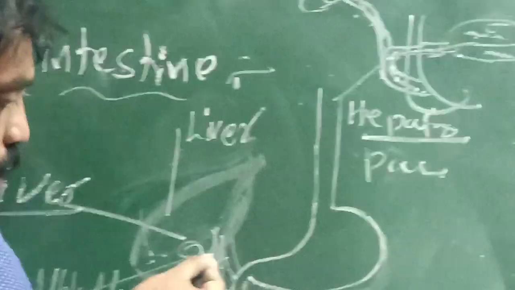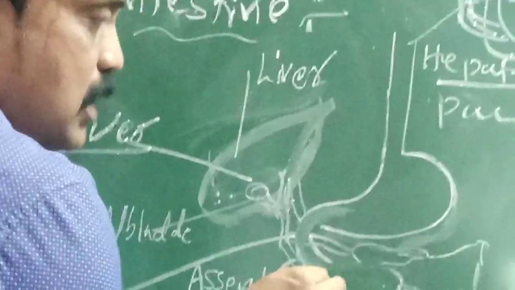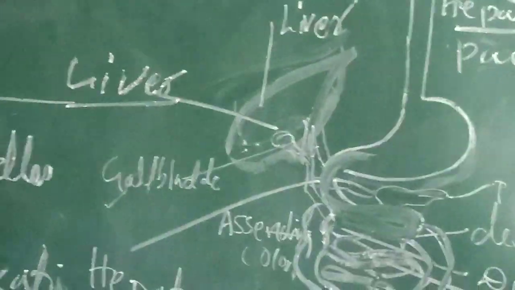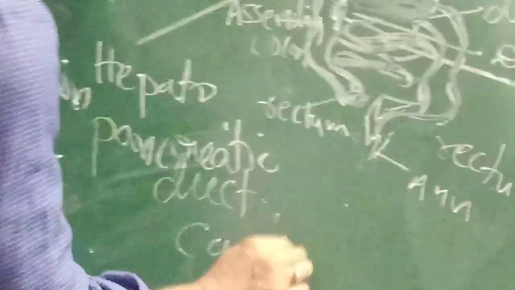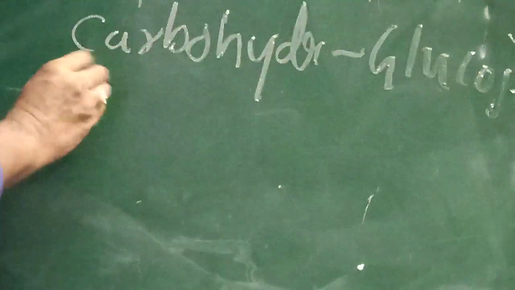Now the bile juice and pancreatic juice both enter the small intestine. In the small intestine, what happens? Carbohydrates are converted into glucose. Fats are converted into fatty acids and glycerol.